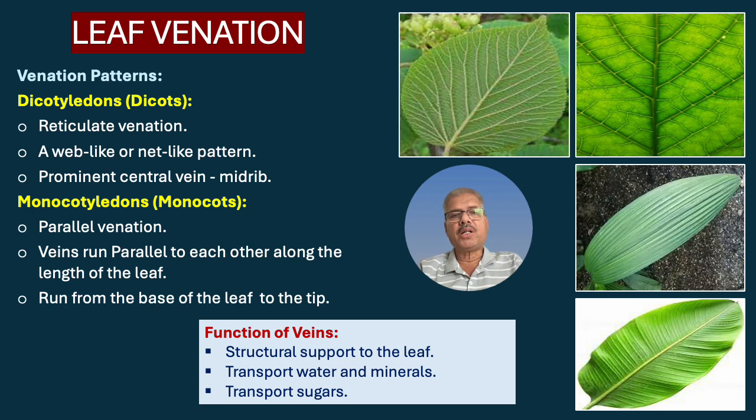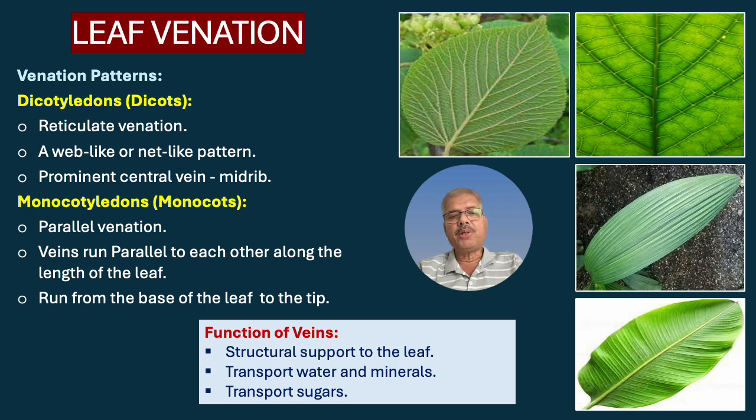They provide structural support to the leaf. They transport water and minerals from the stem to the leaf. They transport sugars produced during photosynthesis from the leaf to other parts of the plant body. In dicotyledons, which exhibit reticulate venation, the veins form a network branching out in various directions, creating a web-like or net-like pattern.